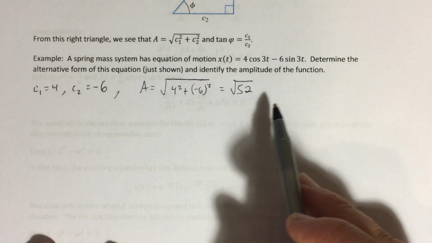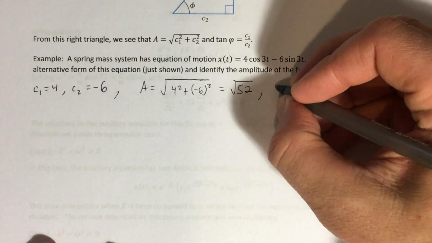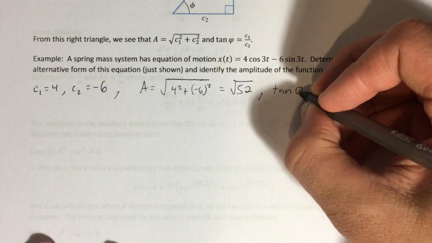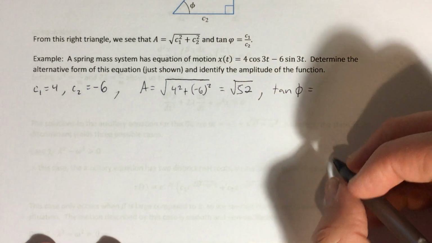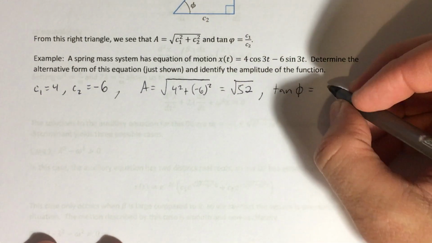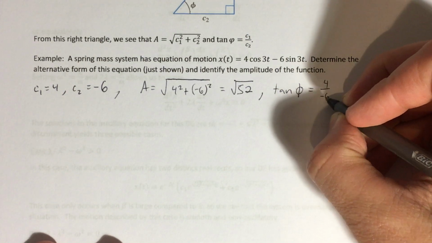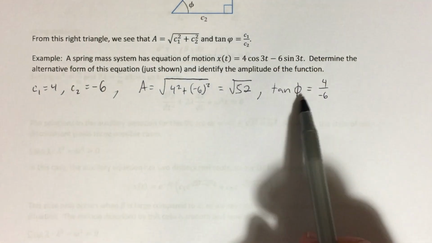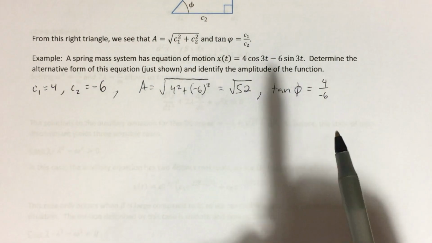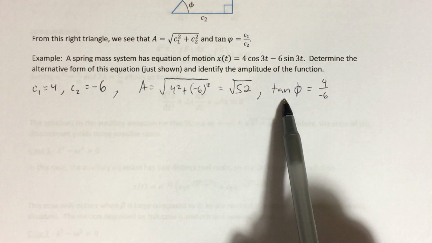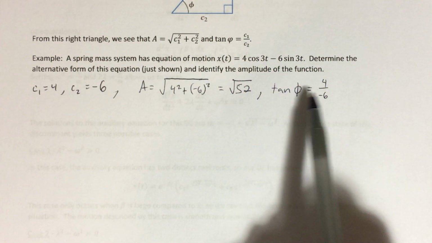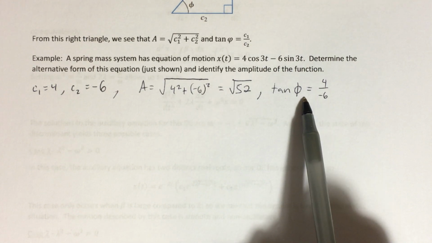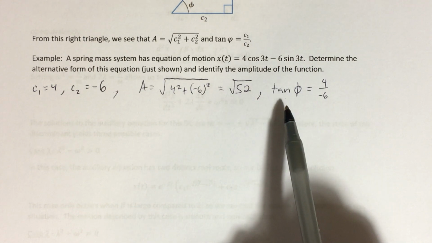And then tangent of phi is equal to C1 over C2. So that's 4 over negative 6. Now, I want phi explicitly. And your first instinct is probably going to be to take an inverse tangent of both sides of this to solve for phi. You do have to be careful with that, though.